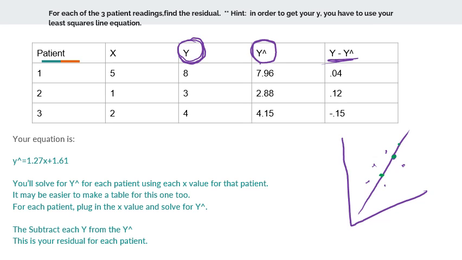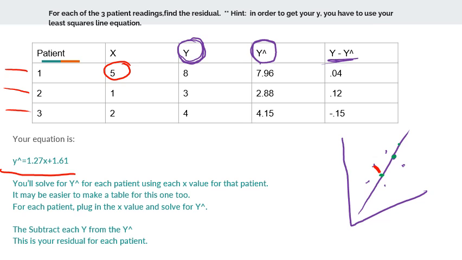So we want to figure out the difference between this y and this y, and that will tell us how good our line is. How do we do this? Well, we get to use the line equation that we just made. For each patient, you plug in the x that goes to that patient.